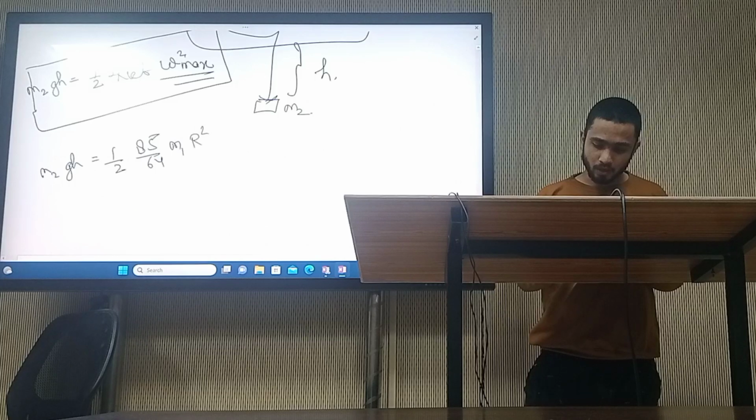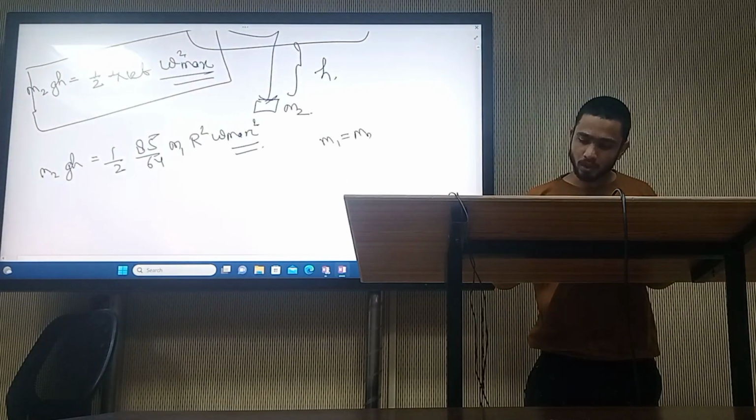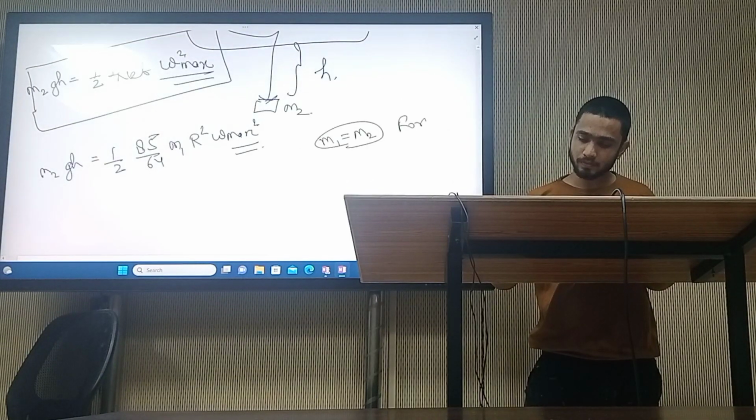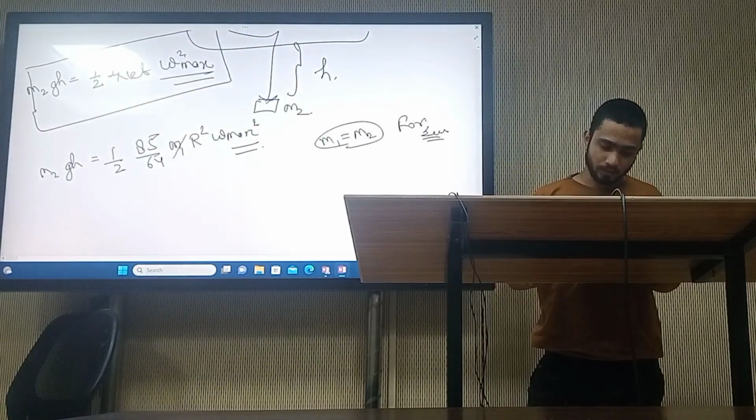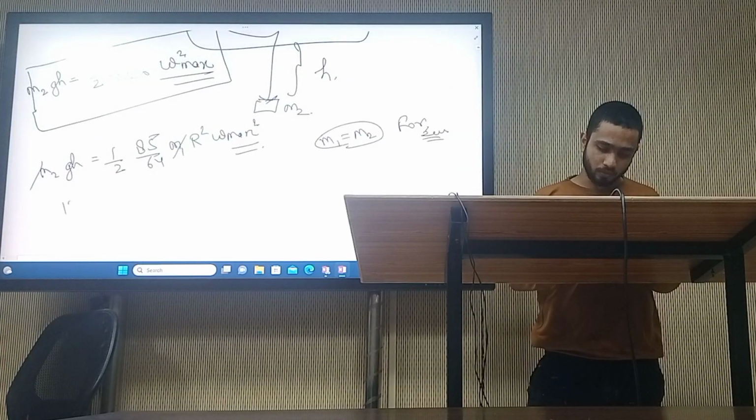So m2gh equals half into 85 by 64 m1 r square into omega max square.